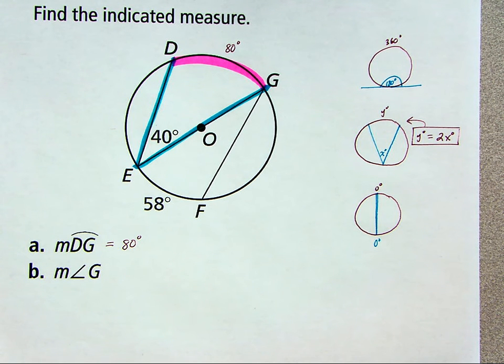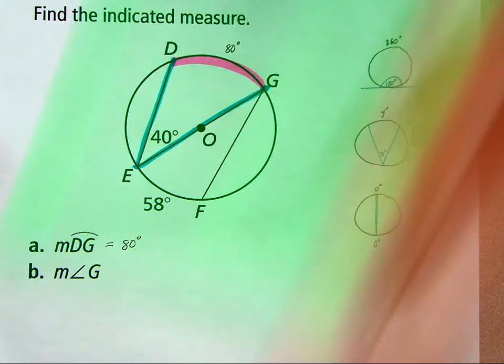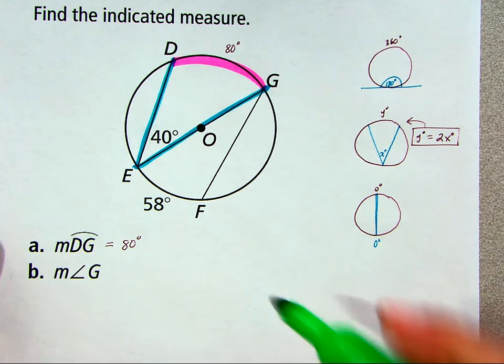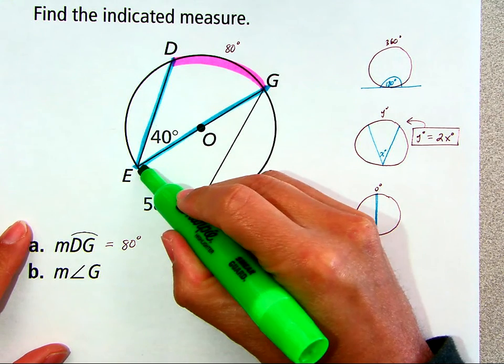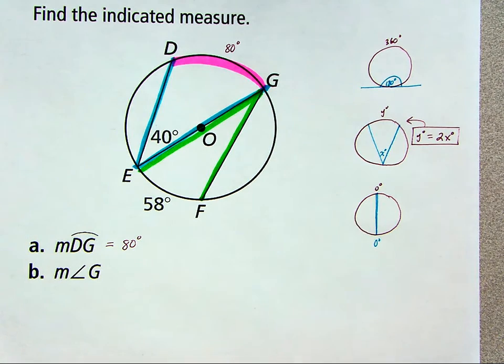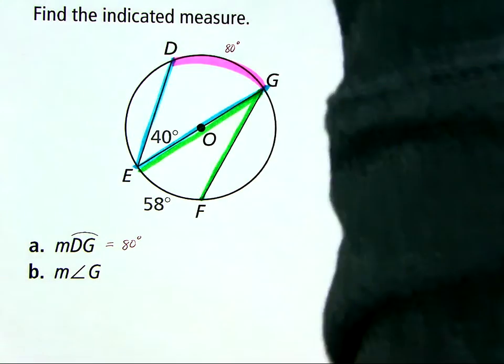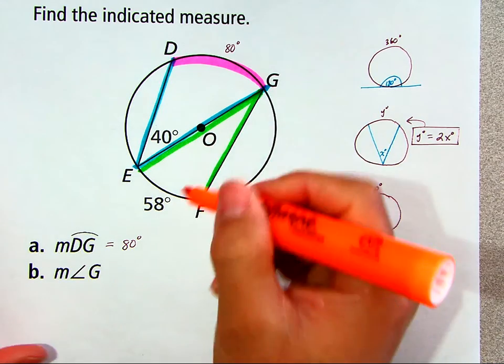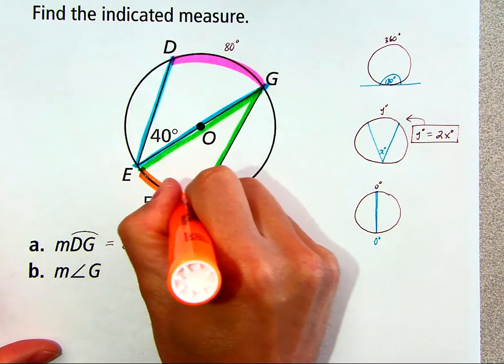Okay. All right. Next, let's find the measure of angle G. And so now let's use a different set of colors. Okay. So here's angle G, which I'll color in green. And that produces an arc measure of 58.